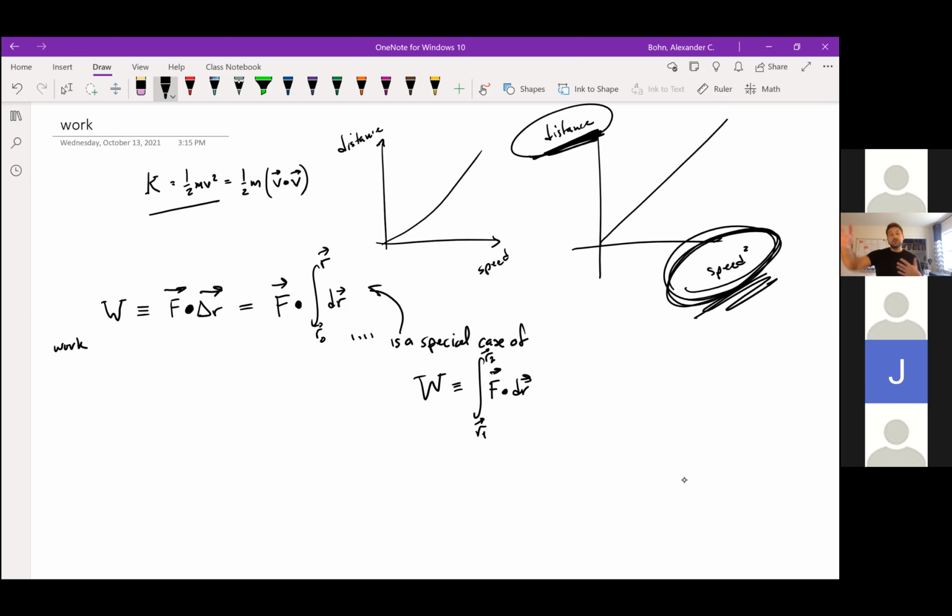As we move in a particular path from position 1 to position 2, we do so subject to some force, which may or may not be a function of where we are. Thinking about a trampoline.